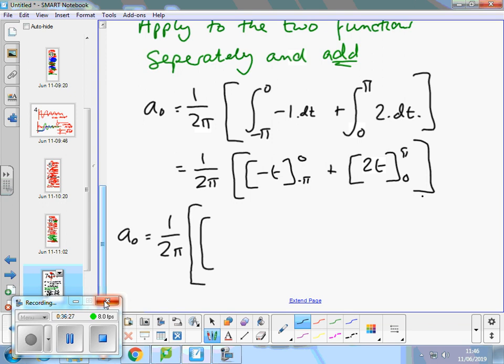This is minus 0 minus, because it's minus t, minus pi is plus pi. Yeah, agree with that? That's that bit.